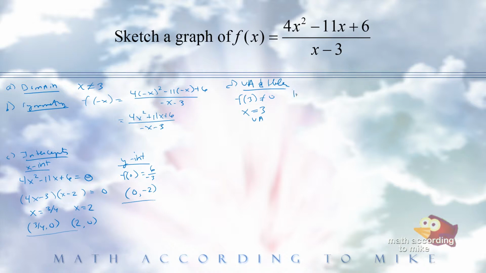The other way to do it, the more proper way, is to consider limits as we approach 3. Upstairs, we would get 4 times 9 minus 3 plus 6. Well, who cares?